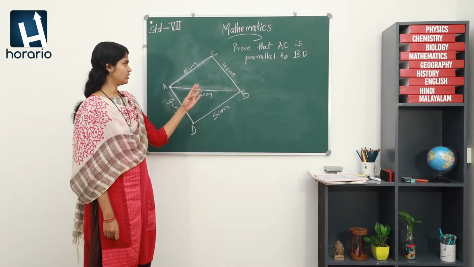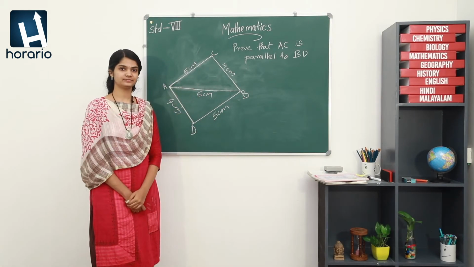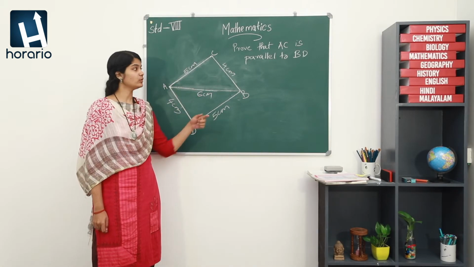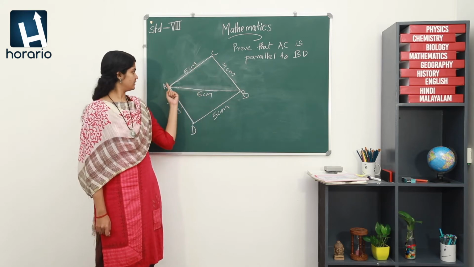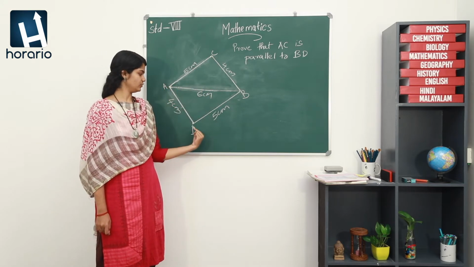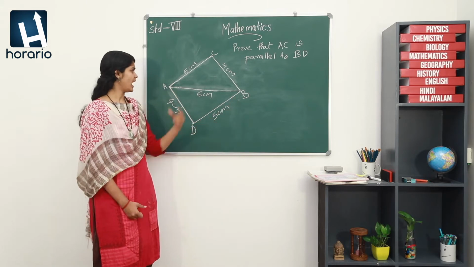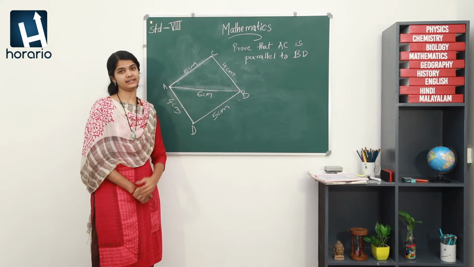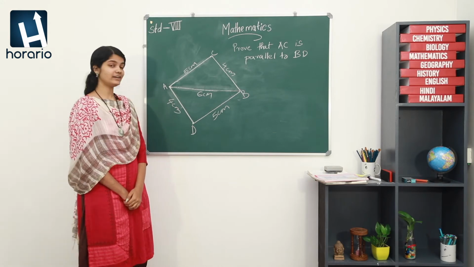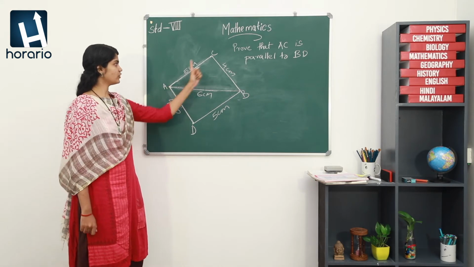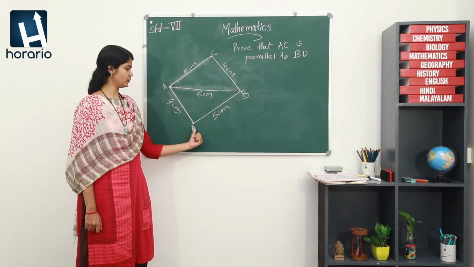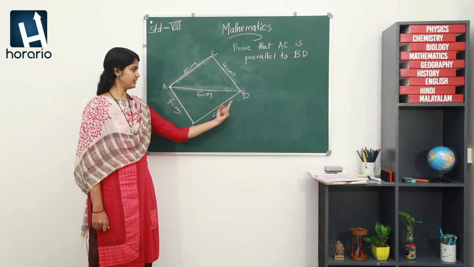Okay. Now, can you see the diagram here? Here we have to prove the line AC is parallel to line DB. Okay. How can we prove AC is parallel to DB? It is given in the figure that the length of AC is equal to line DB.